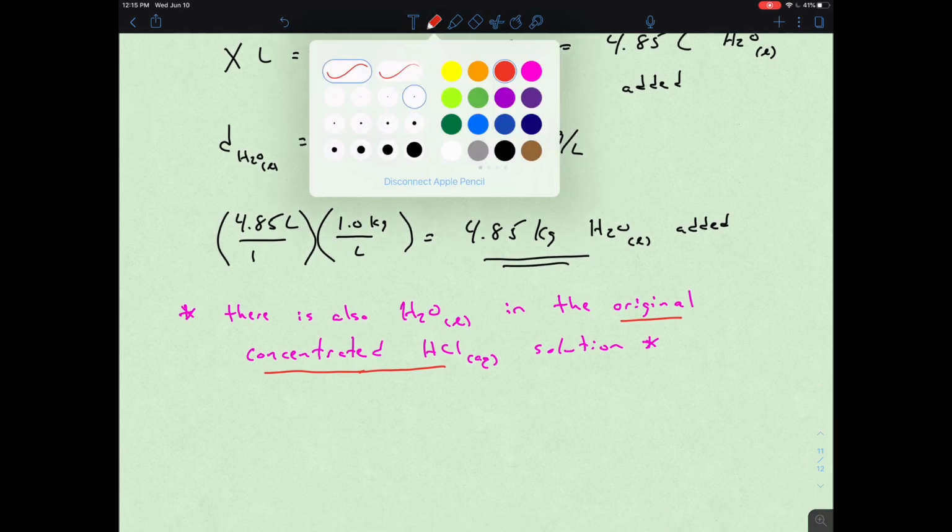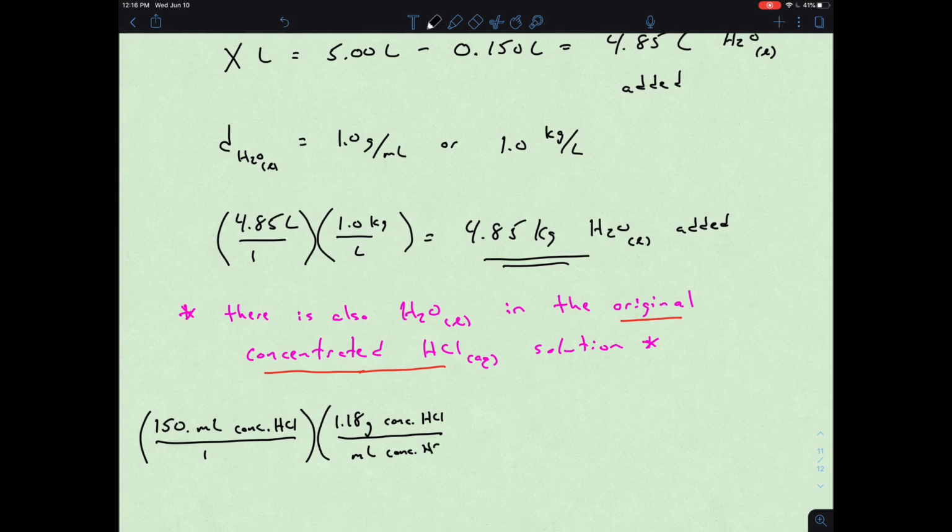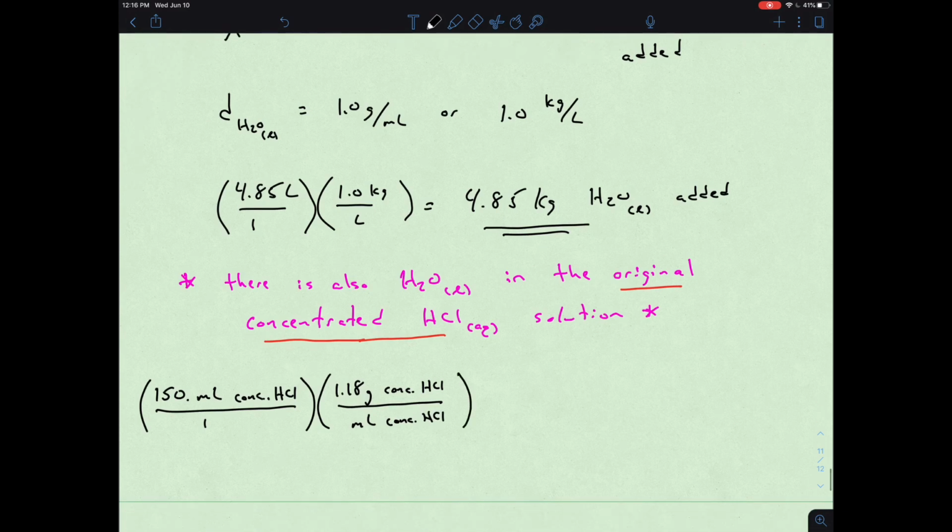That's a conversion similar to what we did earlier, meaning that we can start with that measurement of 150 milliliters of our concentrated HCl and still use that density to get in terms of mass. So the first step is pretty much the same as the molality part of this example.